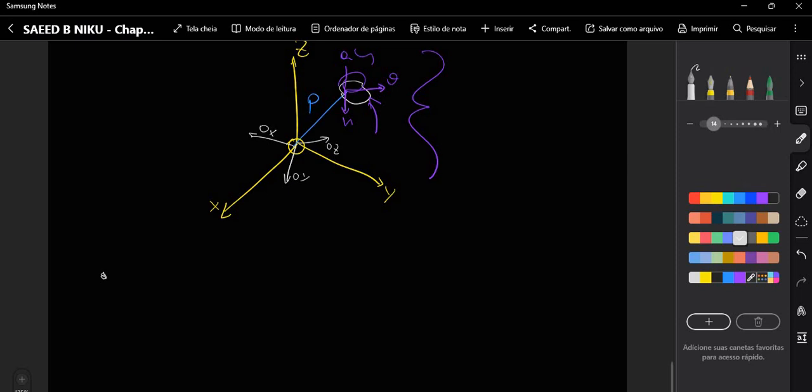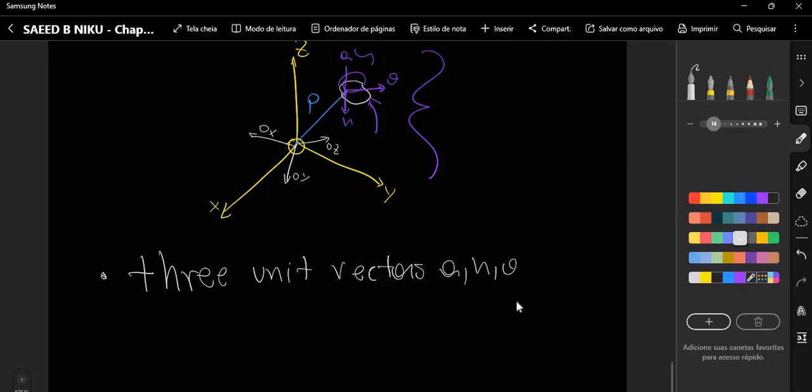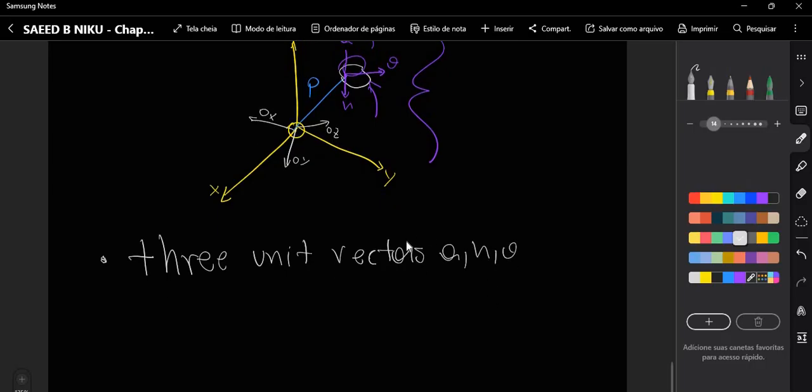that the 3 unit vectors n, O, and A are perpendicular to each other.